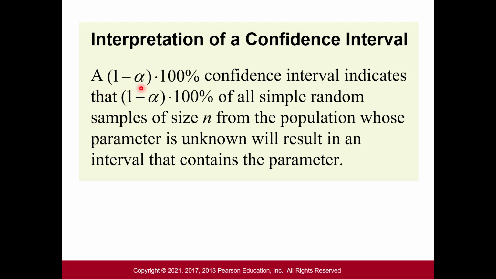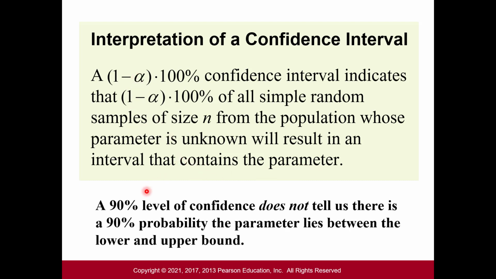This confidence percent tells us how many of our intervals, if you think of out of 100, would contain the parameter. So a 90% level of confidence doesn't actually tell us that there's a 90% probability. Remember, it's not the same as probability. It's telling us just the level of confidence, or that 90 out of 100 samples would contain our parameter.